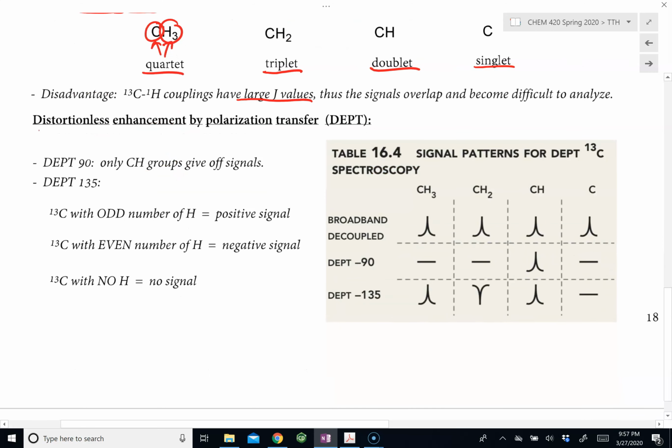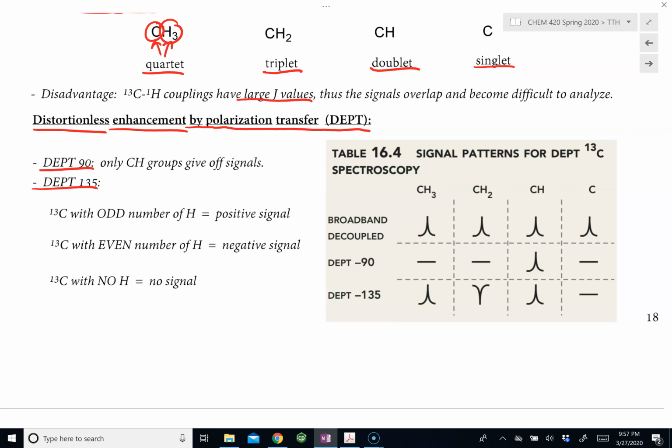The last special technique that we will discuss in this class is distortionless enhancement by polarization transfer, or DEPT. There are several types of DEPT used: DEPT 90, DEPT 135, and also DEPT 45. These are special methods that we use to make the signal more meaningful.